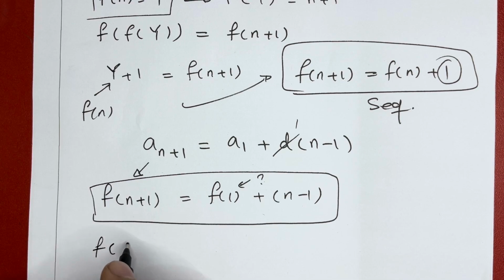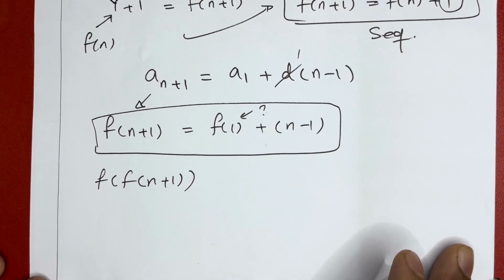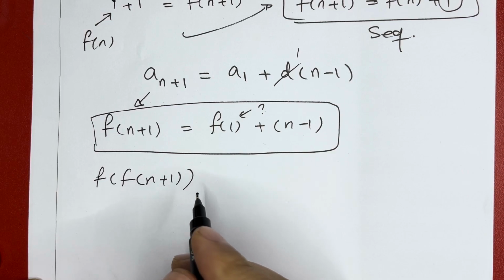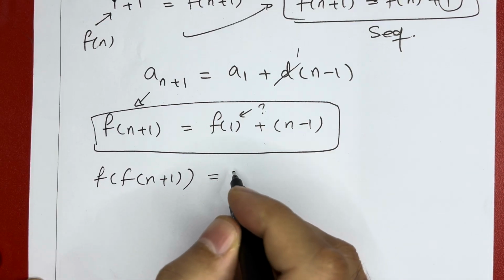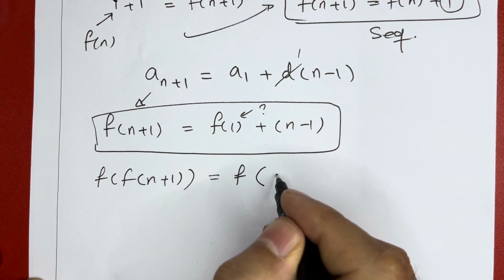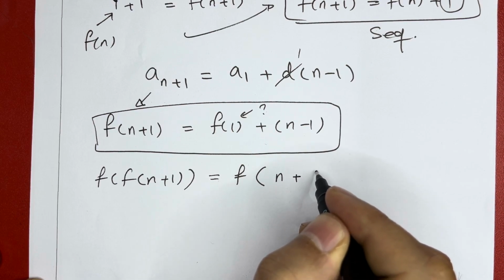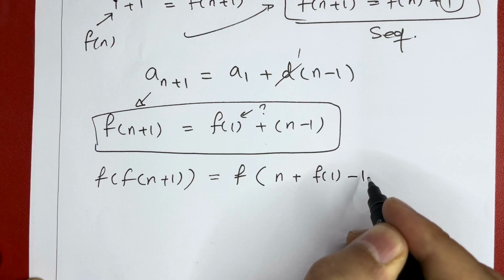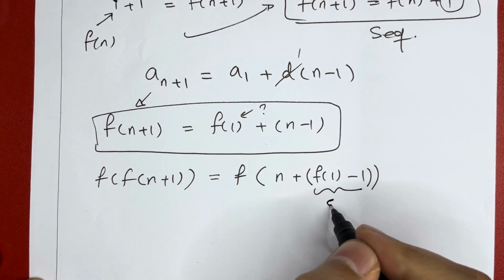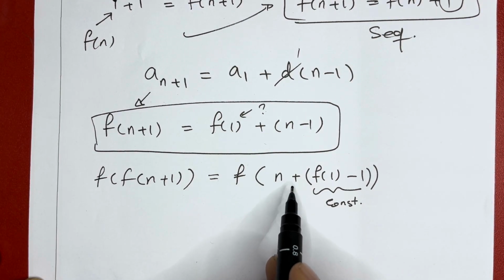That will be f of f of n plus 1, let me bring it up, is going to be f of the whole right-hand side, which is n plus f of 1 minus 1. This term is like a constant, there is no n involved, right? So n plus some constant.